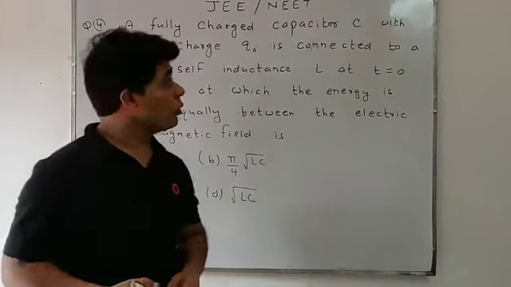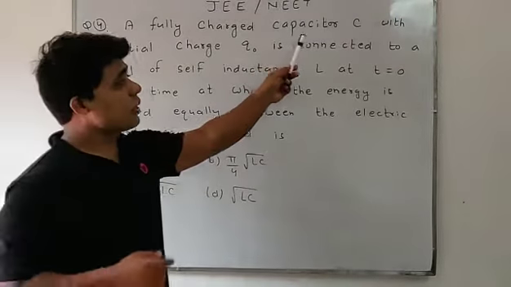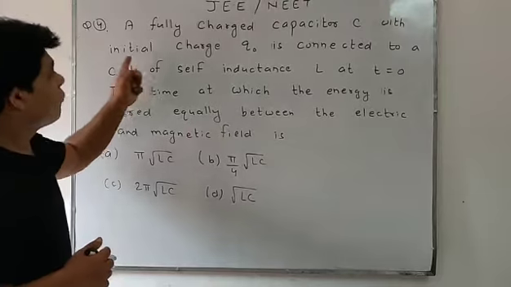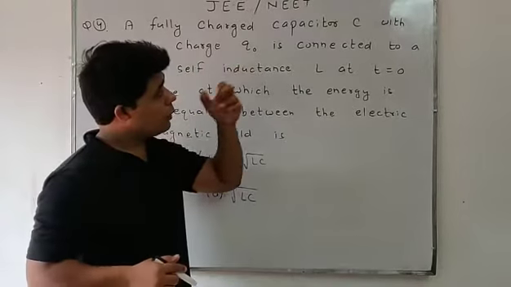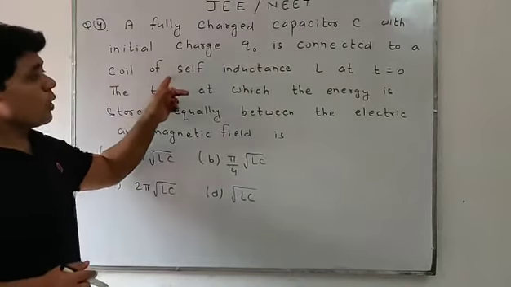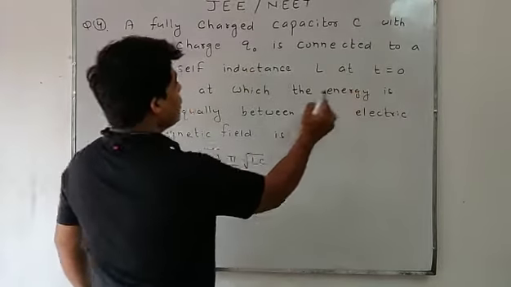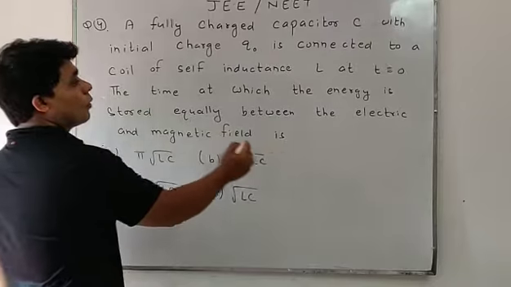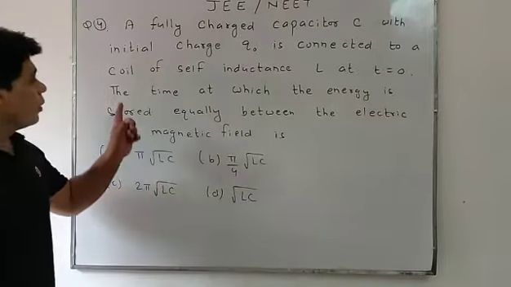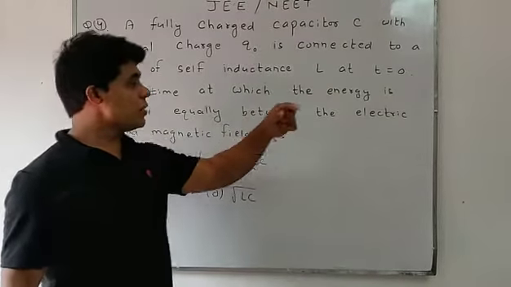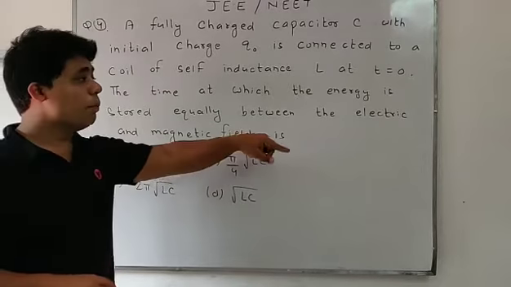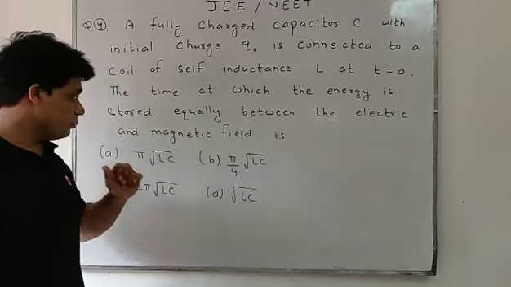Now students, question number 4. A fully charged capacitor C with initial charge Q0 is connected to a coil of self-inductance L at t equals 0. The time at which the energy is stored equally between the electric field and the magnetic field is to be found.